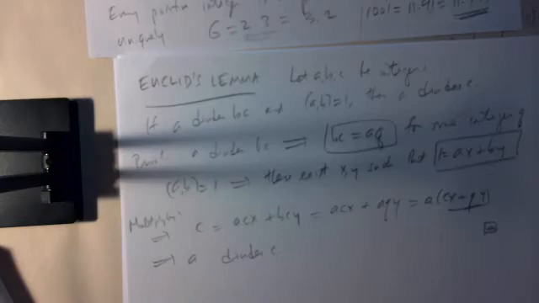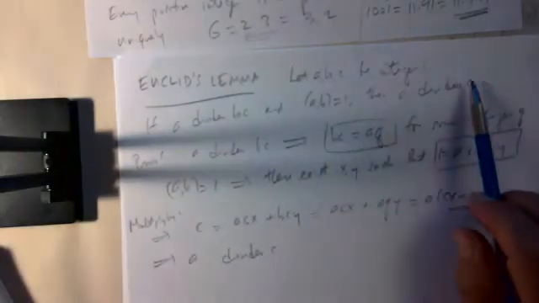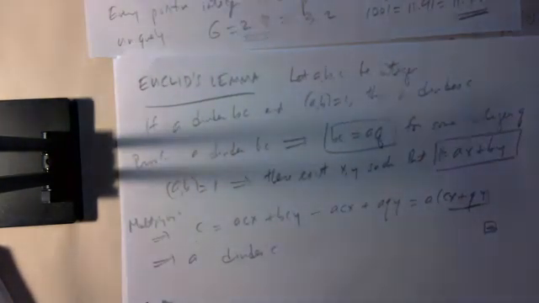So if A divides a product of 2 integers and it's relatively prime to one of them, then it divides the other. And you can extend this; there is a kind of converse.